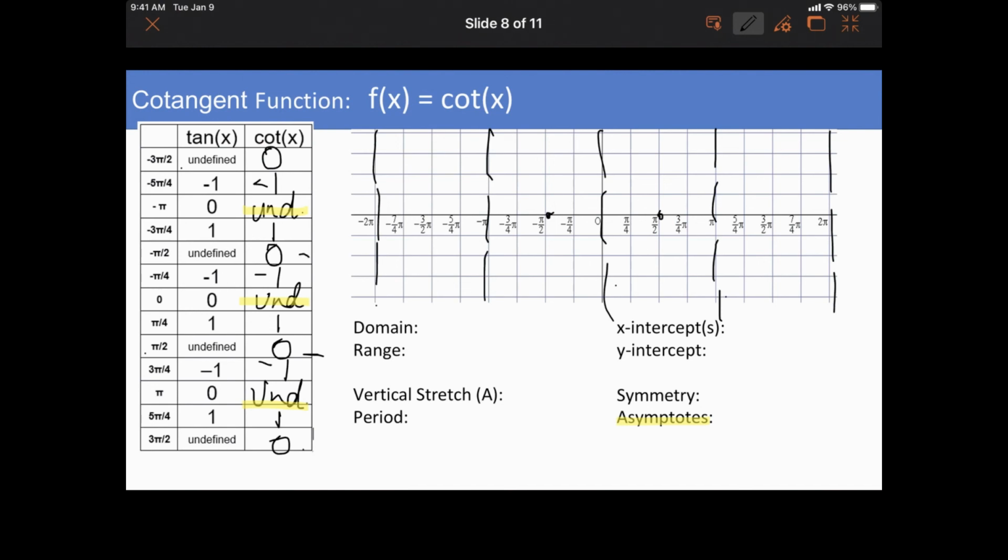So you can see the halfway point, just like tangent, is right in the middle at the x-intercepts. Now let's look at pi over 4.